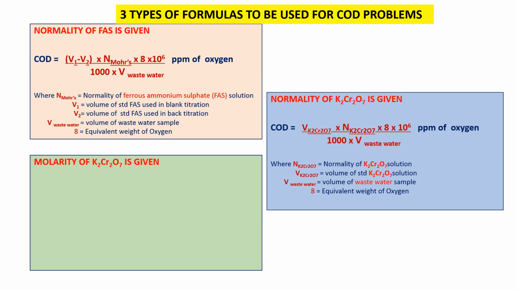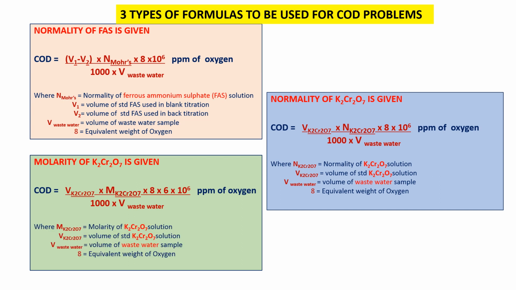If they give molarity of potassium dichromate in the problem, then you need to use a slightly different formula, that is V potassium dichromate, that is volume of potassium dichromate, into molarity of potassium dichromate, into 8 into 6. We are multiplying into 6 because 1 molecule of potassium dichromate is equivalent to 6 oxygens.